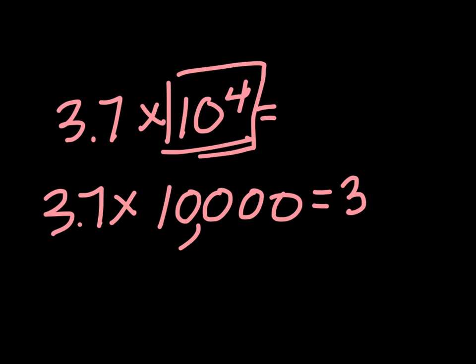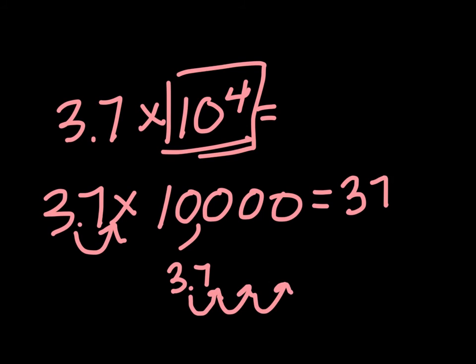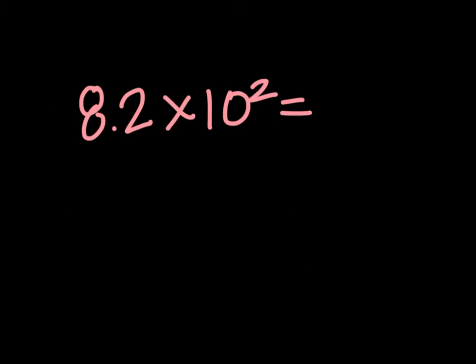I moved it over once. Now I need to move it 2 times, 3 times, 4 times. So how many zeros am I going to add in there? Hopefully you said 3 to get me the answer of 37,000.